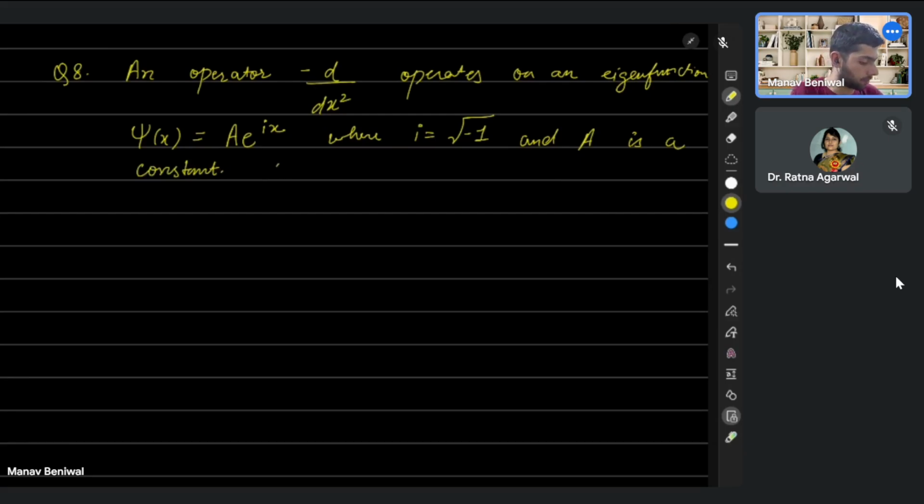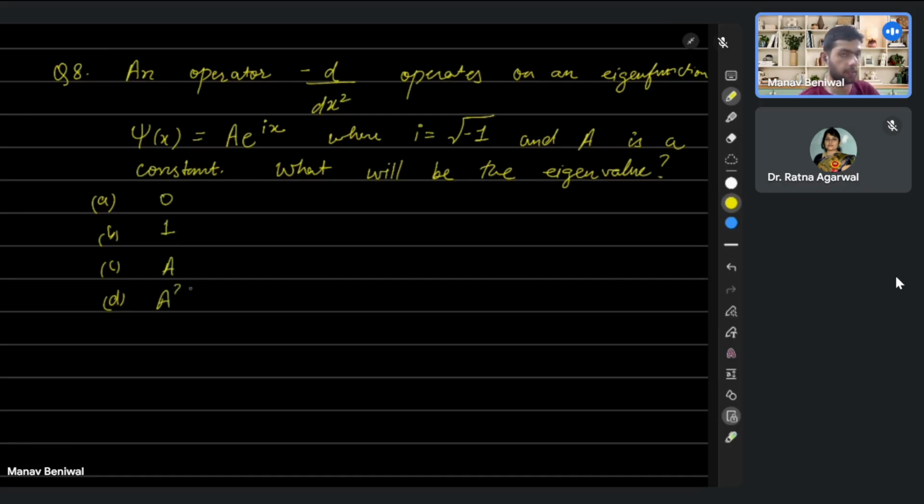So what will be the eigenvalue? So this is the question. And these are our options: 0, 1, a, or a squared.